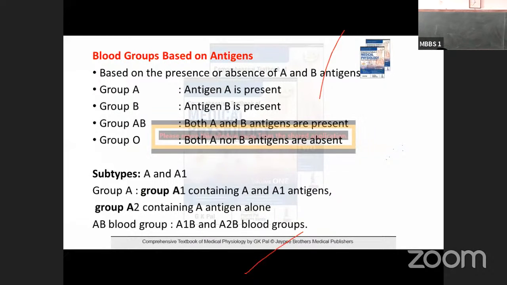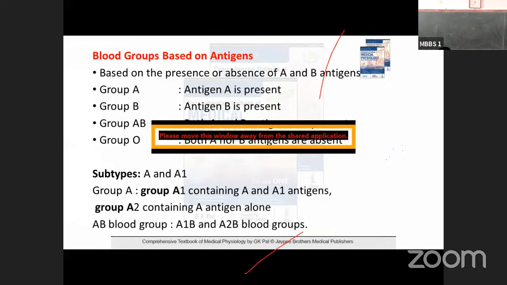Subtypes of A are A1 and A2. A1 contains A and A1 antigens, and A2 contains only A antigen. Again, for AB, there are A1B and A2B blood groups.